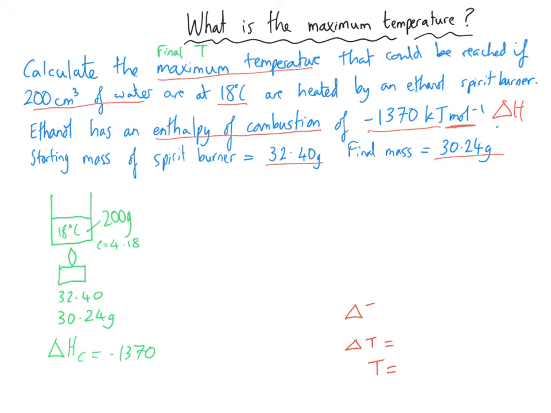And so this requires us to rearrange the Q equals mc delta T expression to delta T is Q divided by mc. Now we have already got the m, 200 grams, so 0.2 kg, and we know that c is 4.18. So that means that the previous task must be to work out what Q is.